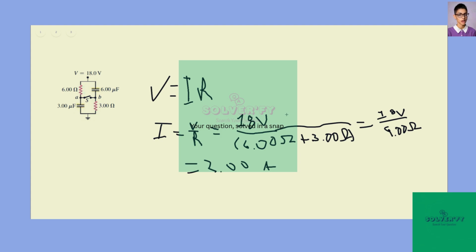So now the potential at point B with respect to ground, which is the question for part C. It wants to know the potential at point B with respect to ground, or the negative terminal of the battery. We now know the current in the circuit from the current flow through the two resistors.